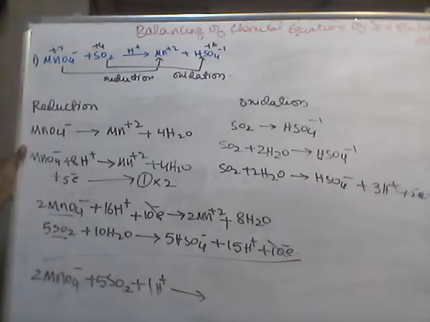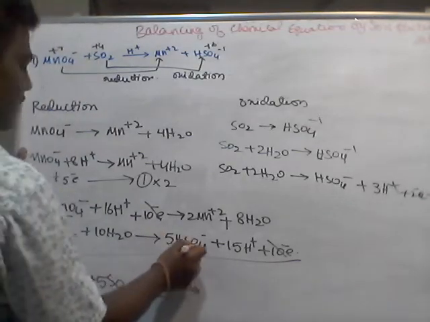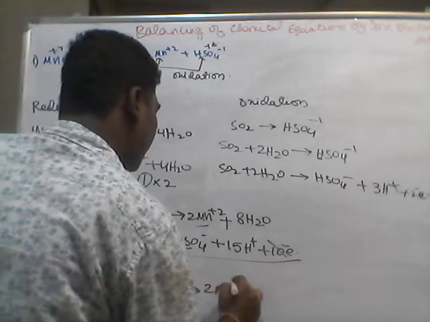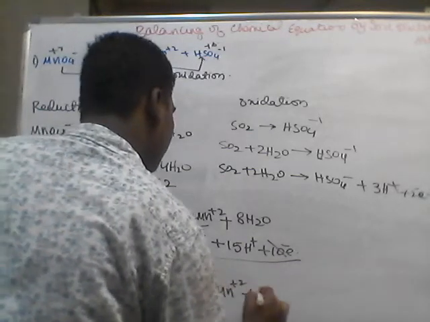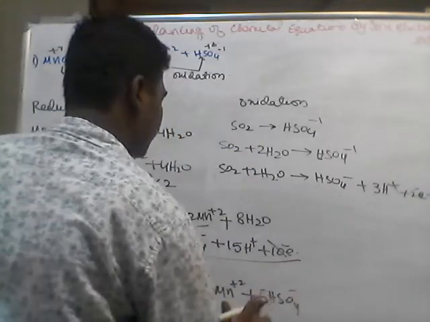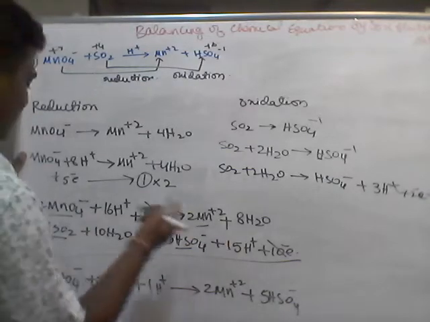This gives rise to 2Mn plus 2 and 5HSO4 minus. Next, H plus is already gone.